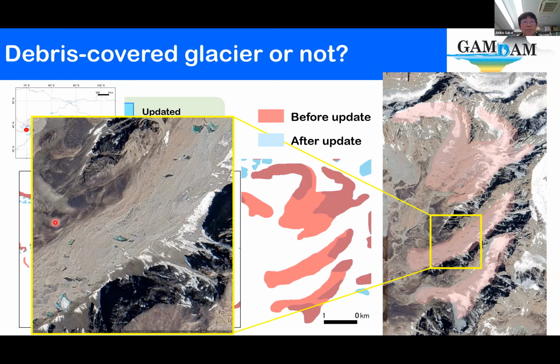There are ponds surrounded by ice cliffs in this area. So now I have excluded this area, but I wonder whether I should have included it as glacier area. Actually, it is difficult to judge debris-covered glacier and rock glacier.